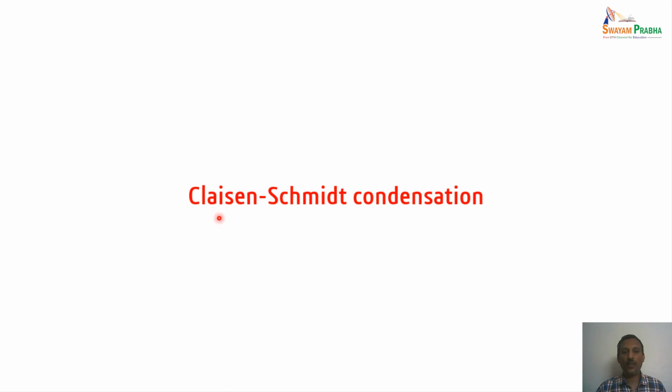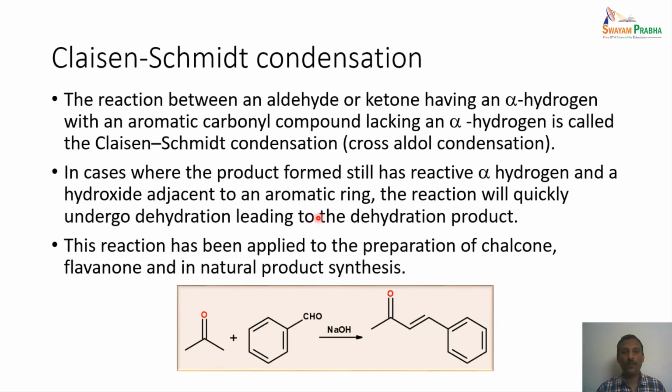Then let us look at Claisen Schmidt condensation reaction. So what is the Claisen Schmidt condensation reaction? This reaction is a reaction between an aldehyde or ketone having an alpha hydrogen with an aromatic carbonyl compound lacking an alpha hydrogen. So that means we have one carbonyl unit, another carbonyl unit.